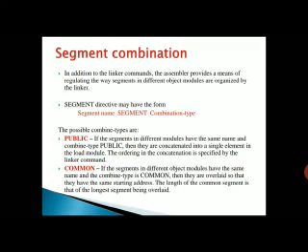First one is public. What does public mean? If the segments in different modules have the same name and combined type public, then they are concatenated into a single element in the load module. The ordering in the concatenation is specified by the linker command. Then what does common mean? If the segments in different object modules have the same name and combined type common, then they are overlaid so that they have the same starting address.